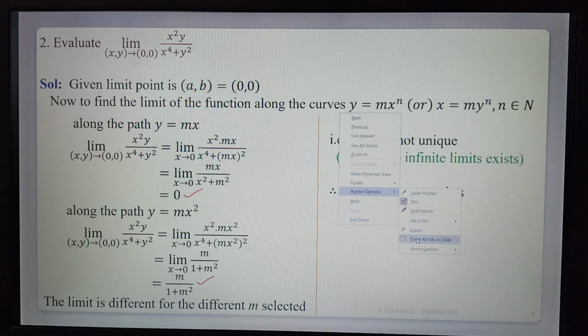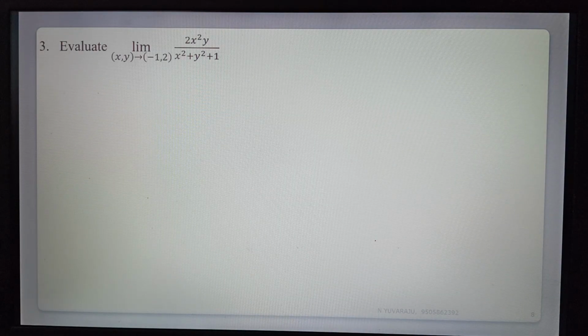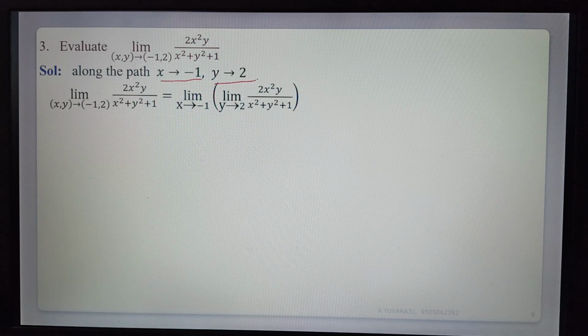So next one. See the next, third example. Evaluate limit x comma y tends to minus 1 comma 2 of 2x square y by x square plus y square plus 1. Along the path x tends to minus 1, y tends to 2, that is limit x tends to minus 1, limit y tends to 2 of 2x square y by x square plus y square plus 1.